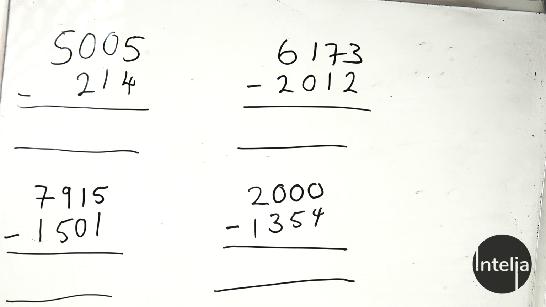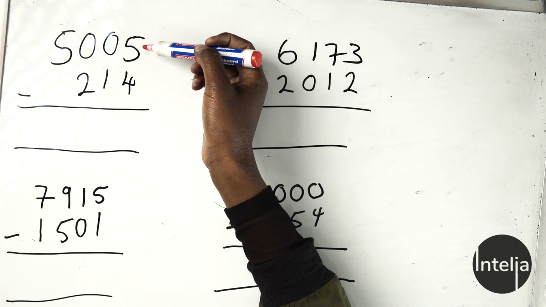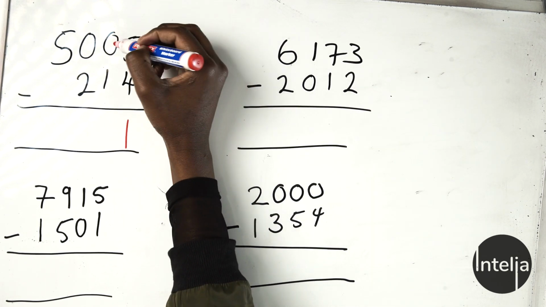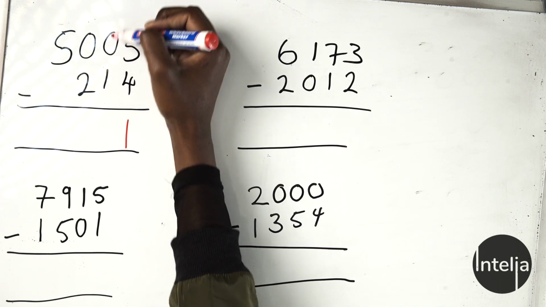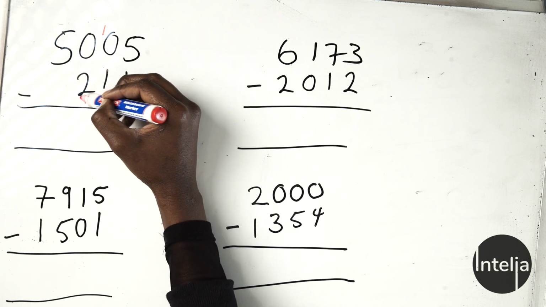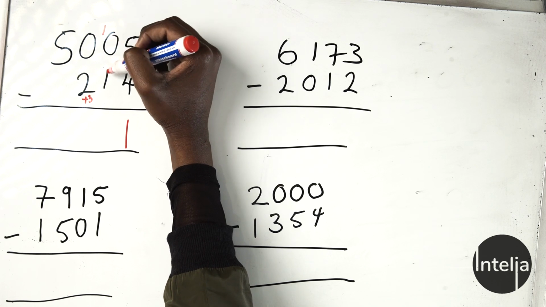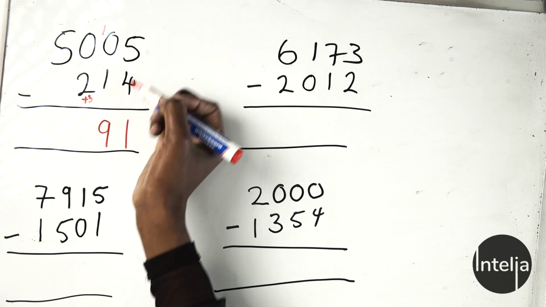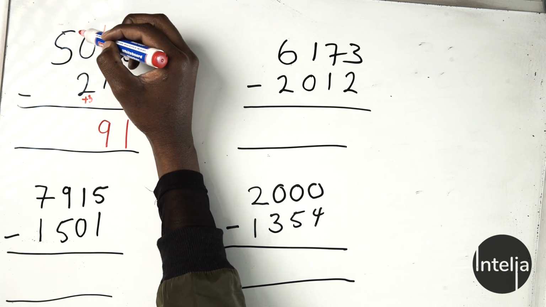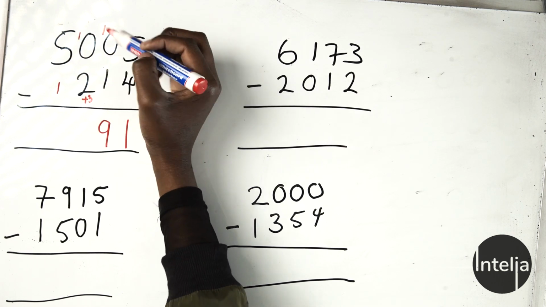So here we have 5005 minus 214. We start with 5 minus 4, that's 1. 0 minus 1. Remember, we said we can't subtract a 0 from 1, so we add here, and then we add another 1 here, and then it becomes a 3. So we say 10 minus 1, that's 9. 0 minus 3, we can't subtract a 0 from 3, so you add 1 here, and then another 1 here.